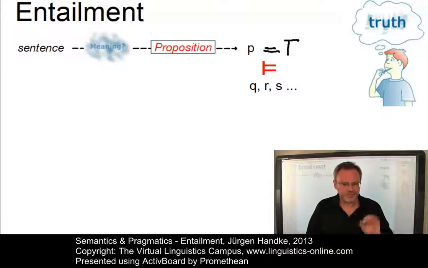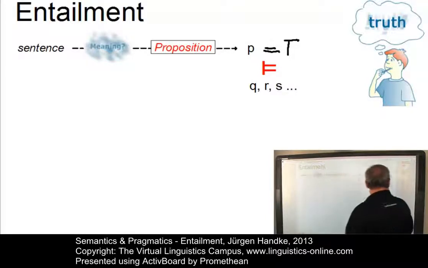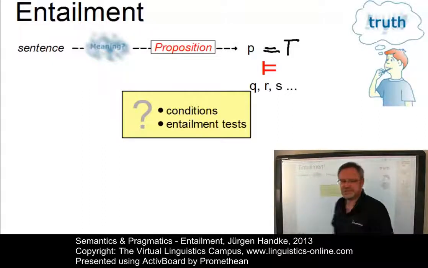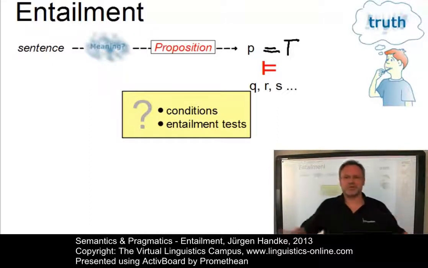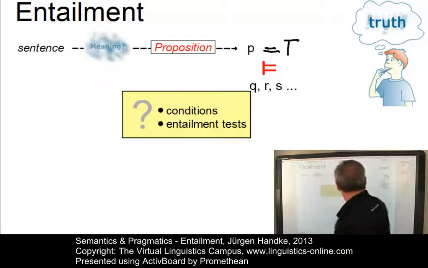However, for a proposition to entail any other proposition, a set of conditions has to be satisfied, and also these entailments can be tested. Let us illustrate that. Here is a first example.